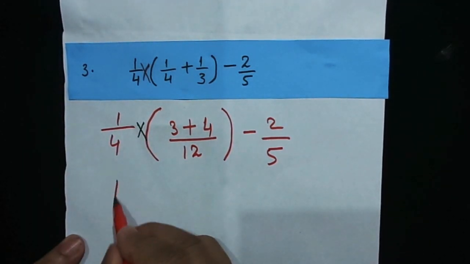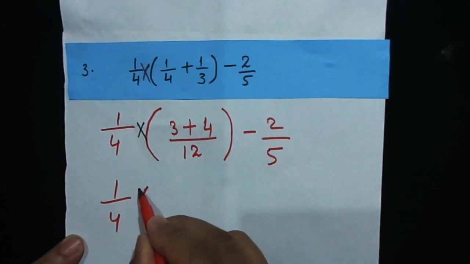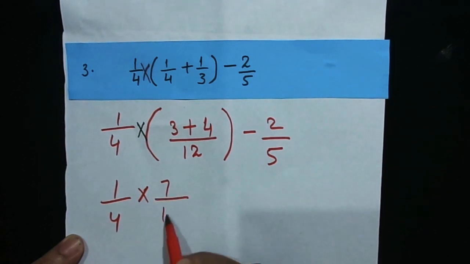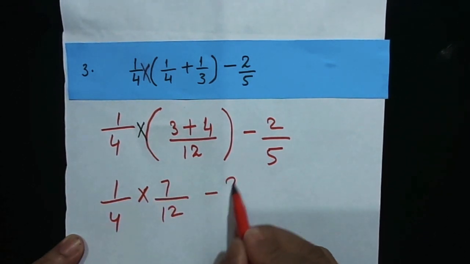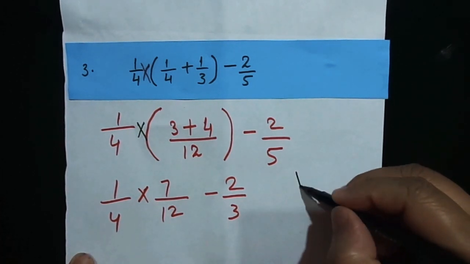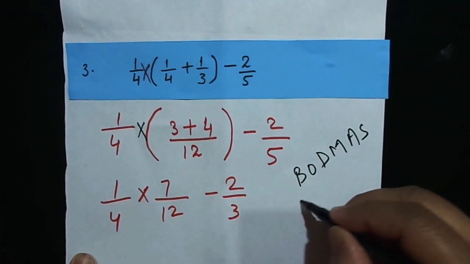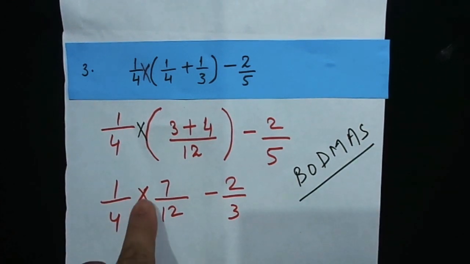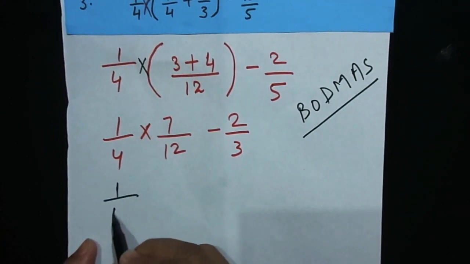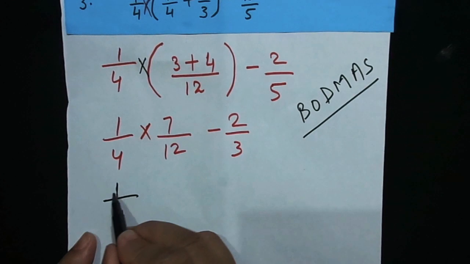So 1 by 4 multiplied by 3 plus 4, 7 by 12 minus 2 by 3. And according to the rule of BODMAS, I need to do the multiplication first.